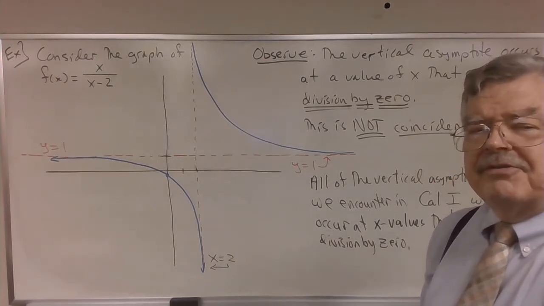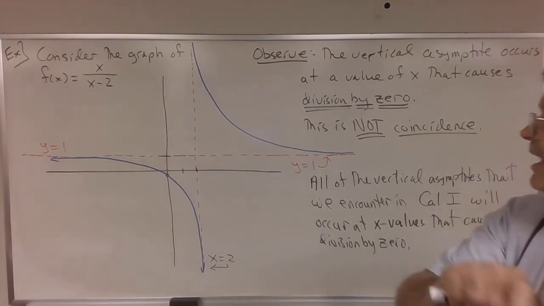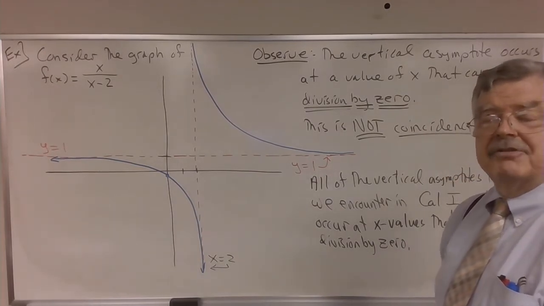Now, there is something else that happens at x equal 2 besides division by 0.